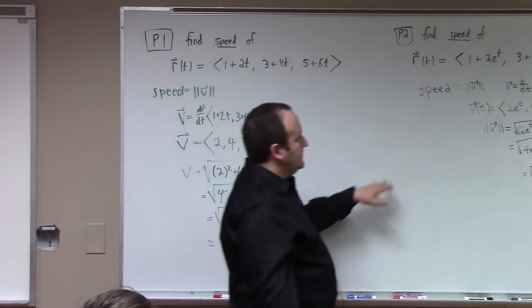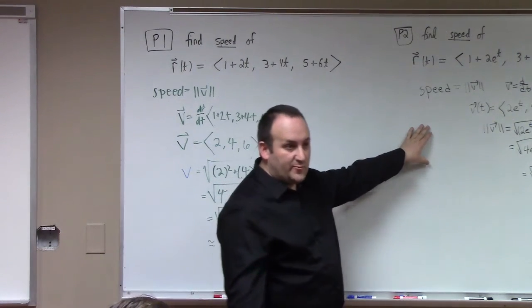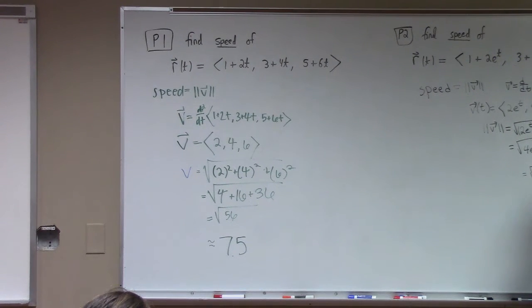This thing is actually also a line parametrized in a weird way. See what this is? This is the point (1, 3, 5) plus e to the t times the vector (2, 4, 6).